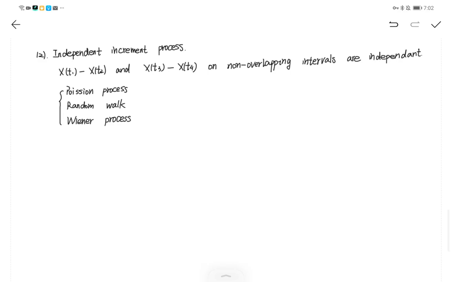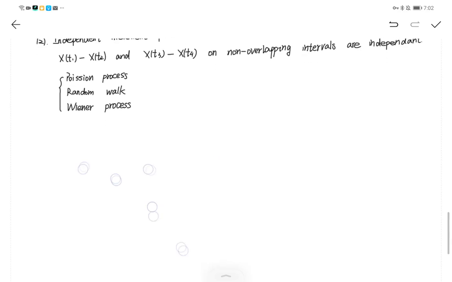It seems independent increment property is somehow related to Markov process. And we can talk about Markov process.